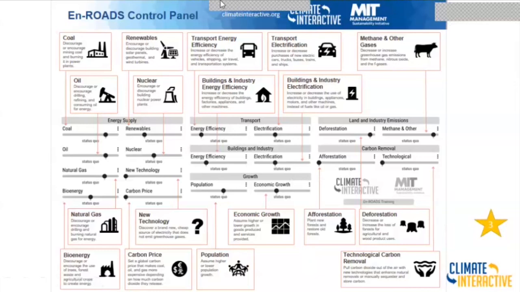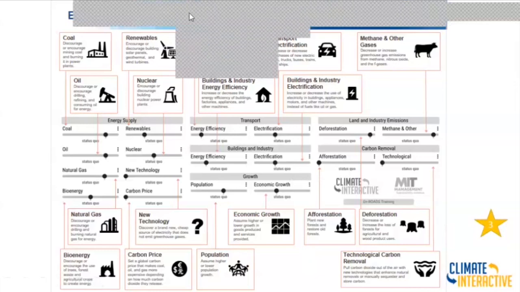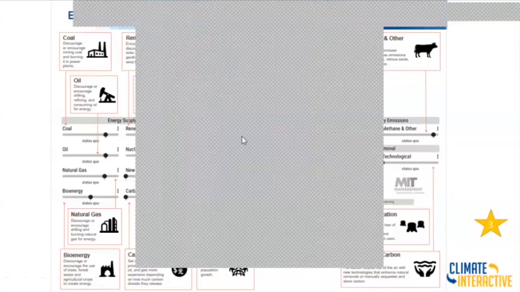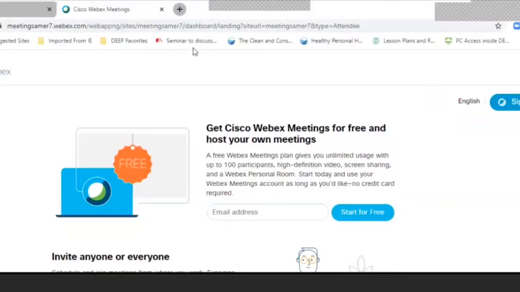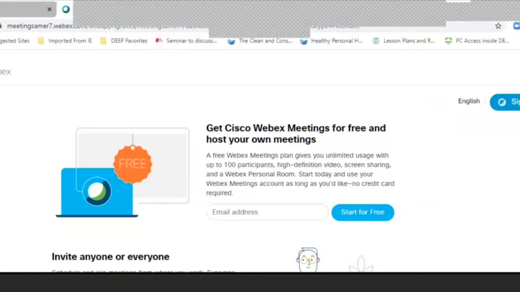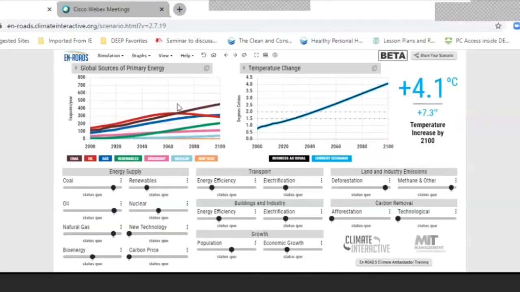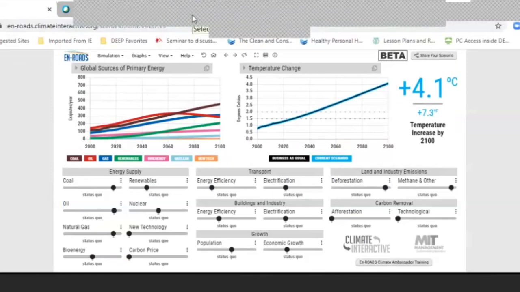So I'm going to change my screen share right now. And let me see if I can find it. The En-ROAD simulator. Let me see if we are seeing the En-ROAD simulator. Okay, I believe on your screen you can see the area.